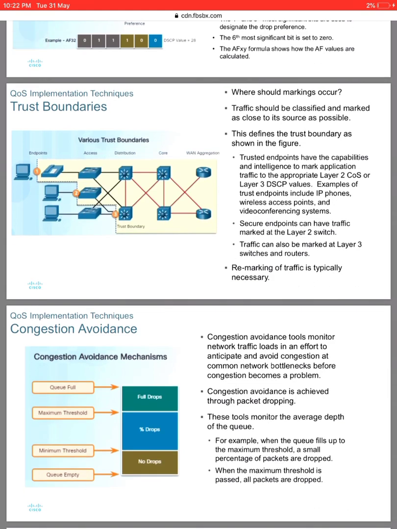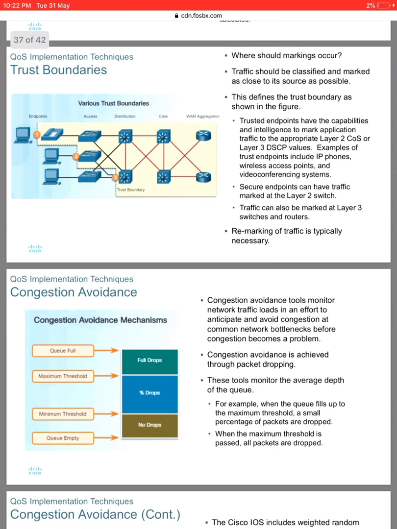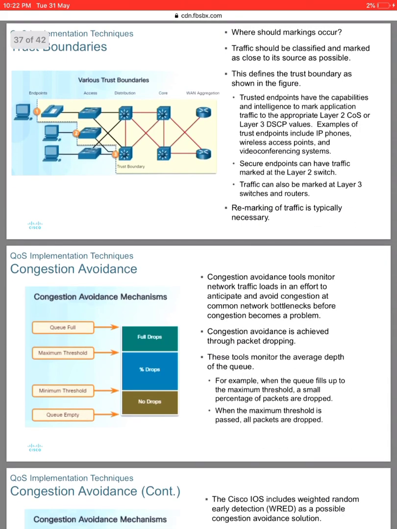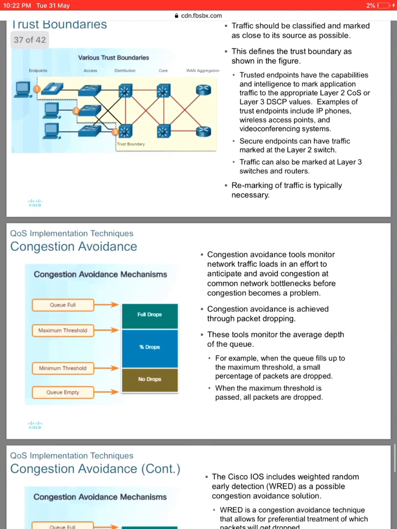Examples of trusted endpoints include IP phones, wireless access points, and video conferencing systems. Secure endpoints can have traffic marked at the layer 2 switch. Traffic can also be marked at layer 3 switches and routers.